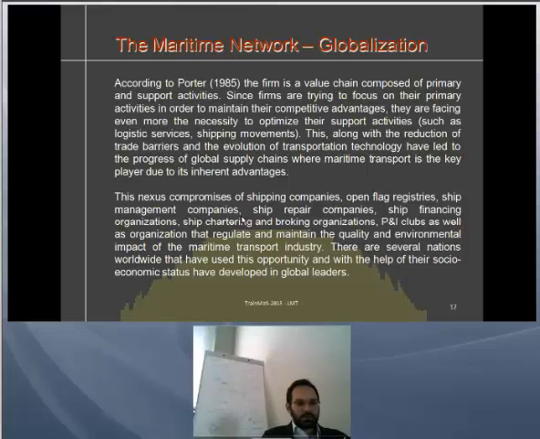So they are facing the necessity to optimize their support activities, meaning logistic services or shipping movements or operations. So they need to reduce the trade barriers and evolve the transportation technology in order to create global supply chains. And here is where maritime transport plays a key role because it has these inherent advantages of reducing the boundaries between long-distance trading.